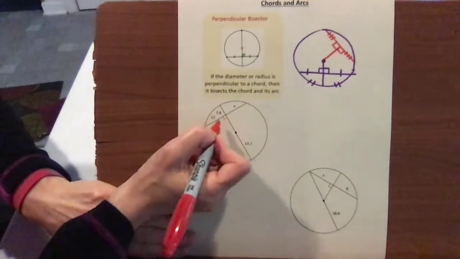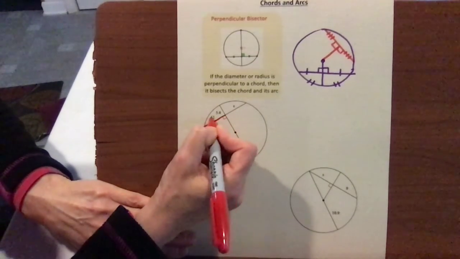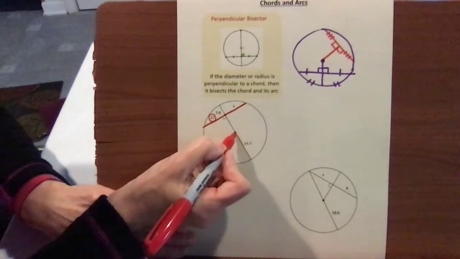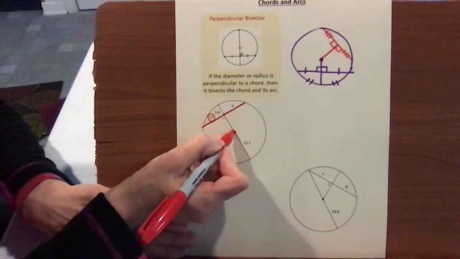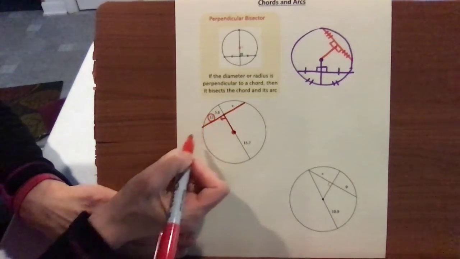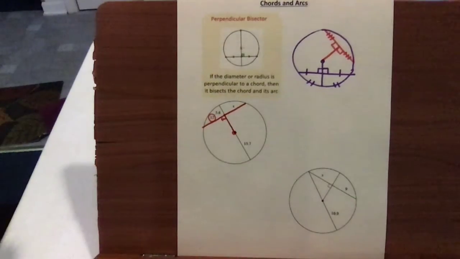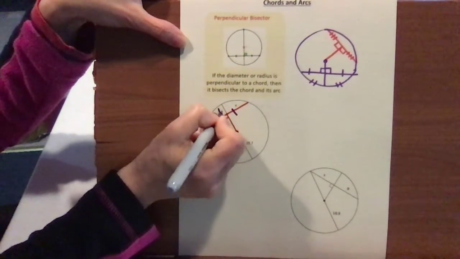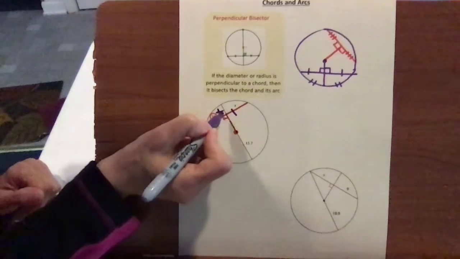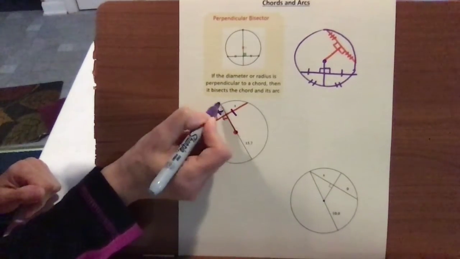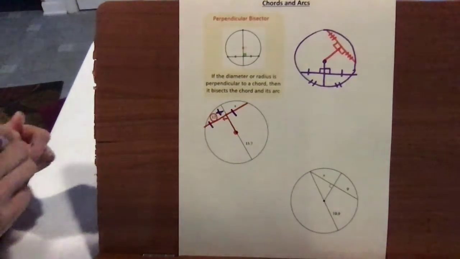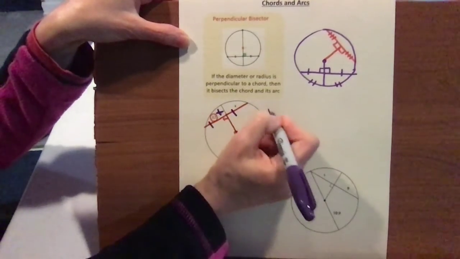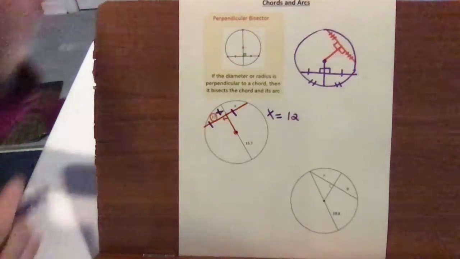We know that this is 12, and we want to know what this is, because the line drawn from the center of our circle perpendicular to our chord splits our chord into equal segments. This 5.6 is there to mess with your head. It's just this little tiny part of that line that comes through and intersects your chord at 90 degrees. So since this is 12 and we want to know that, this is also 12.